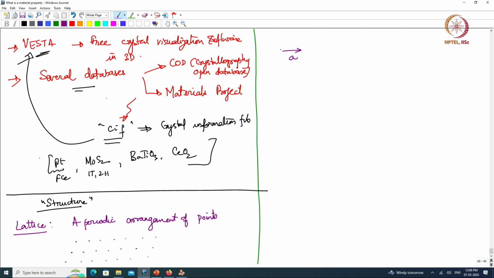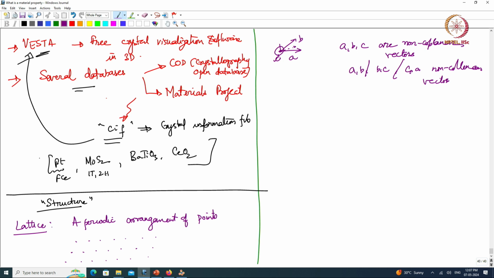So, I have a, b and c, where c is coming out of the plane. a, b, c are non-coplanar vectors, and none of the pairs a,b, b,c or c,a are collinear. So, they are all independent vectors, not dependent on each other. Then you can use a, b, c as a coordinate system. So, this is my coordinate system.